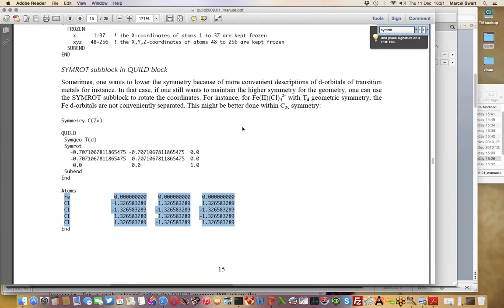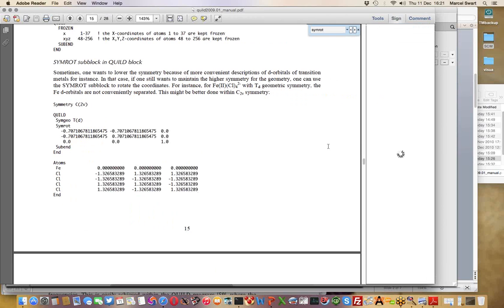In this case, because the symmetry of the geometry is higher than the symmetry of the orbitals, you need to rotate the symmetry between the geometry and the orbitals, and for this you can use a SIMROD, a subblock within the QUILD input.